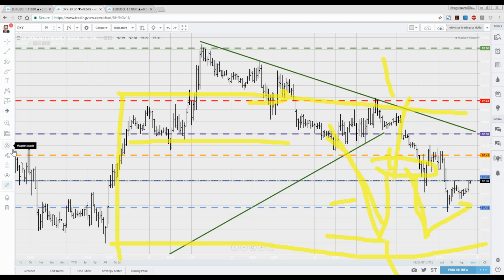Okay, Jamie, you're talking more about support and resistance and learning support and resistance, so you need to come to our class on support and resistance. The more ways you look at support and resistance, the better off you are.